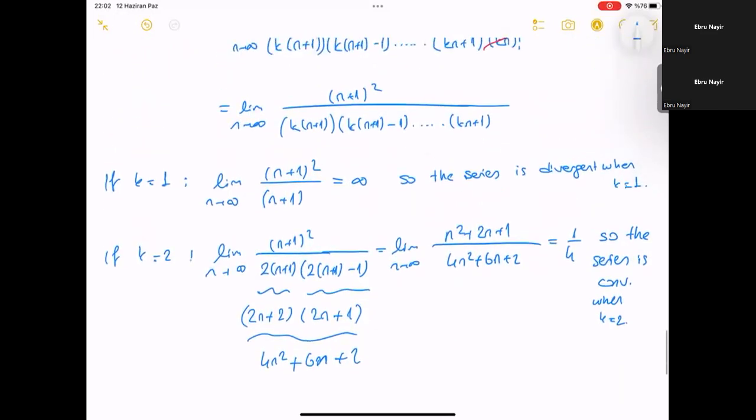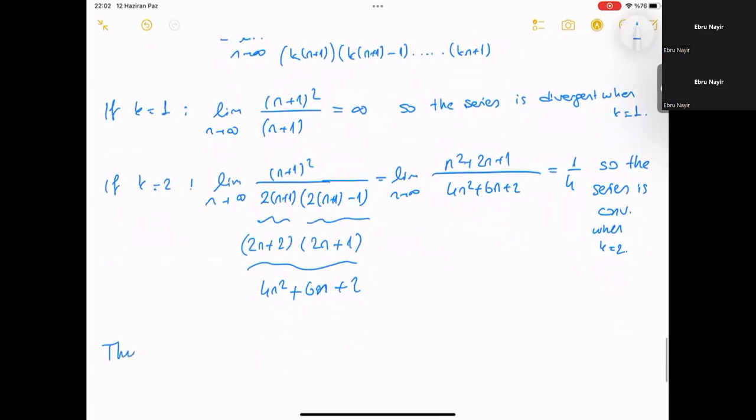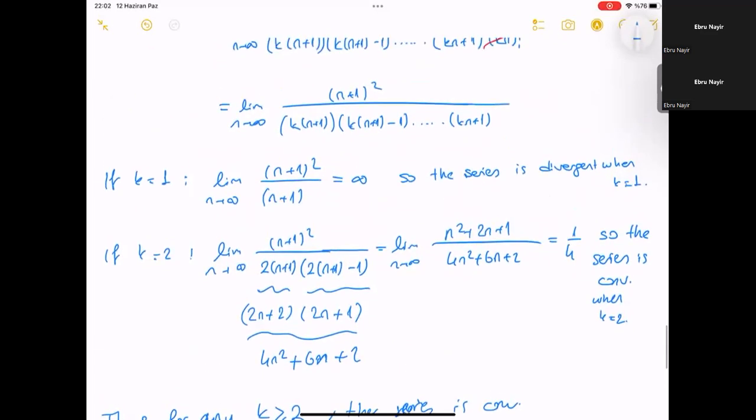Now, if you take any value of k greater than 2, you will have in the denominator something greater than the numerator. By greater, I mean the multiple of the highest power of n will be greater in the denominator, so the series will converge.